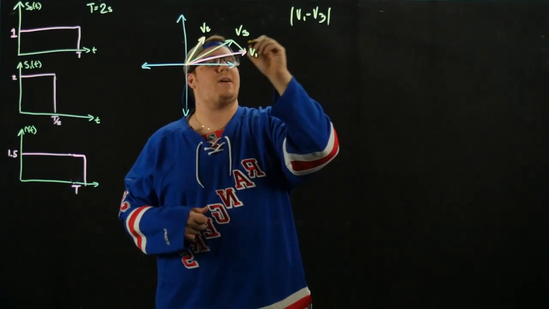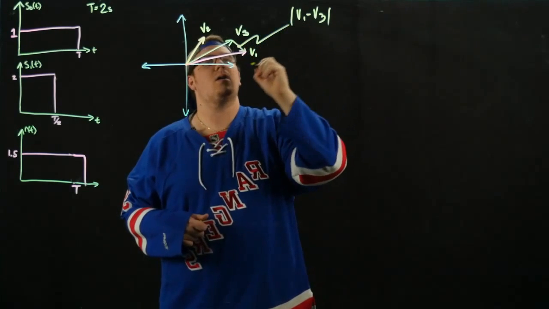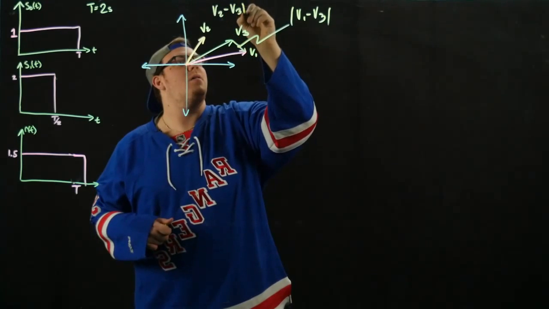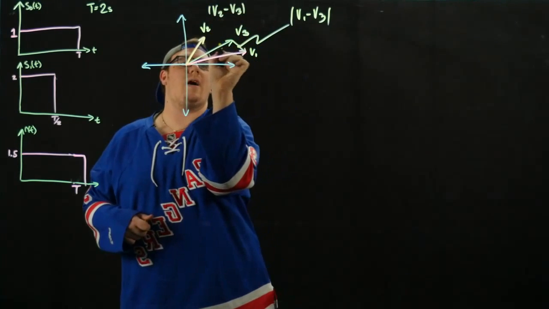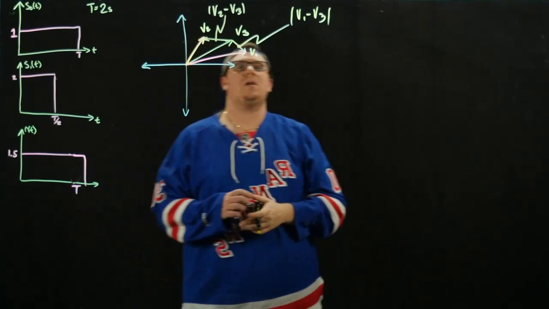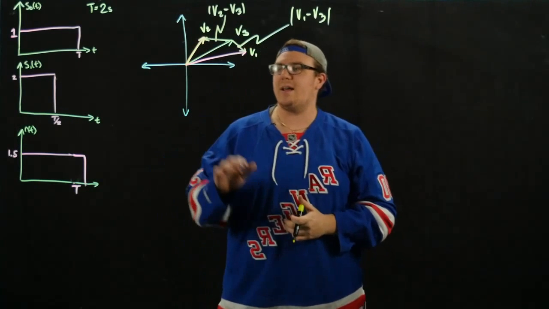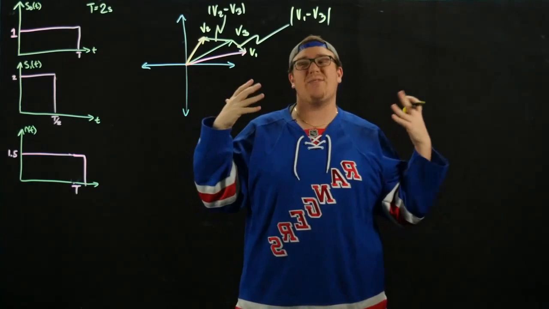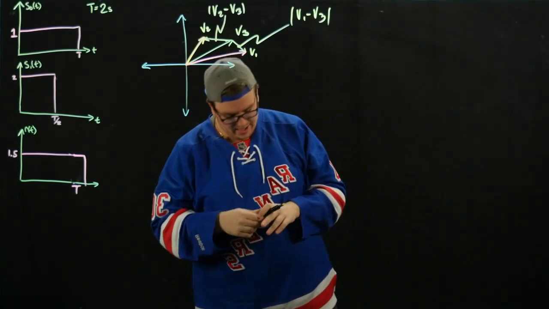So that's that vector. And we could do vector 2 minus vector 3 magnitude, and that will get us that vector. So whichever one of these is bigger is the one that's further away from V3.